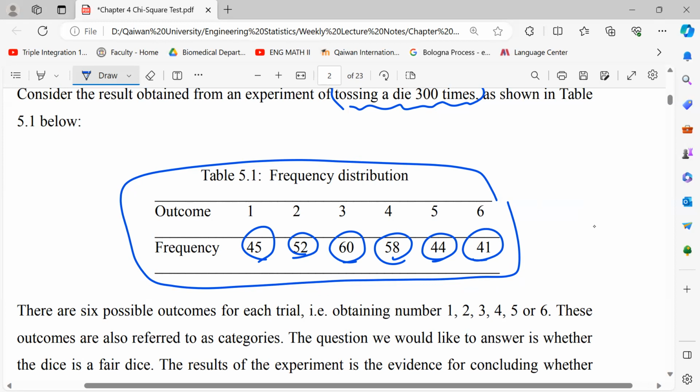All the probabilities must be the same if the dice is a fair dice. But if it's not fair, the ratio of the probabilities must be given. For example, it may say the probability of 1 is 3 times the probability of 2, or the probability of 6 is 2 times the probability of 5.